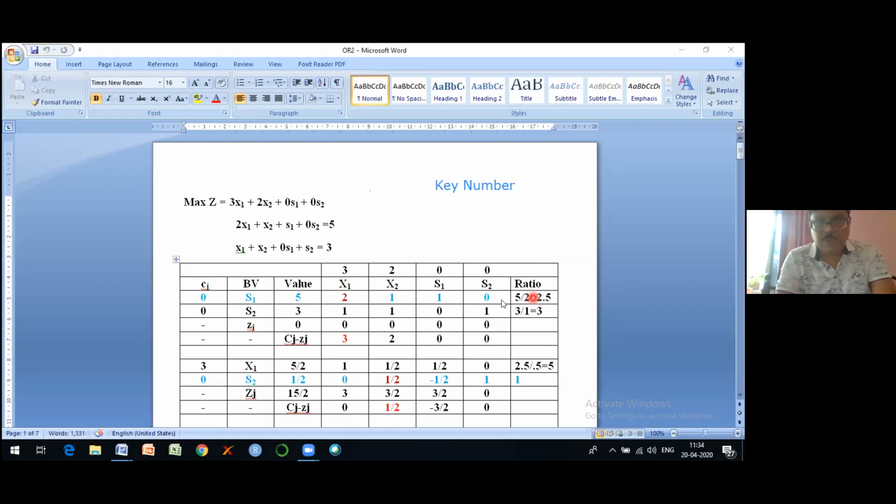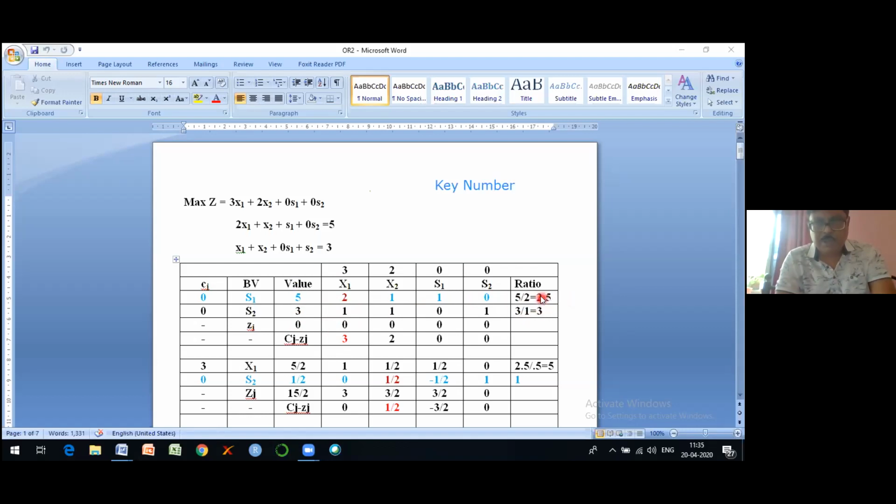After that, we'll compute the ratio by taking the value of the first constant divided by the corresponding value of the key column, that is 2. So the ratio is 2.5. In the same way, the value of the second constant is 3 and the corresponding value of the key column is 1. Therefore, we have computed 3/1 equal to 3.